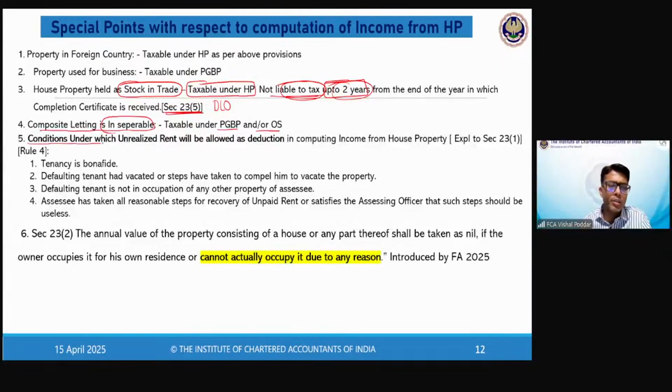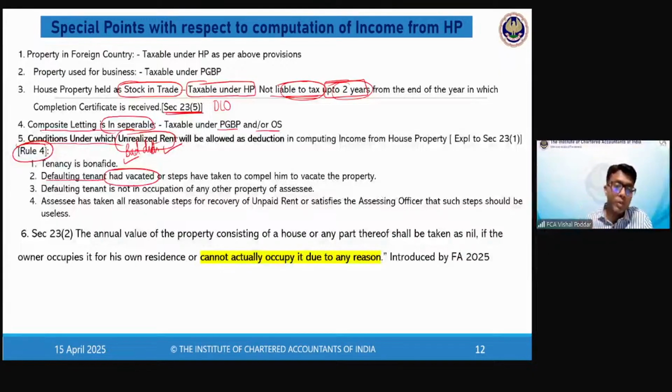Next point is a theoretical point: where your property is given on rent, but you could not recover the rent, that is, it has become bad debts. We already saw that this amount is deducted while computing AR, but there are conditions given under Rule 4 for when we will consider it as bad debt, that is, when you can deduct it. First, your tenancy is bona fide. The defaulting tenant has vacated, so he has left your property.